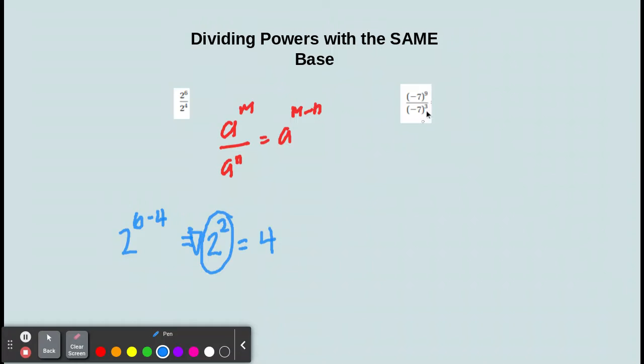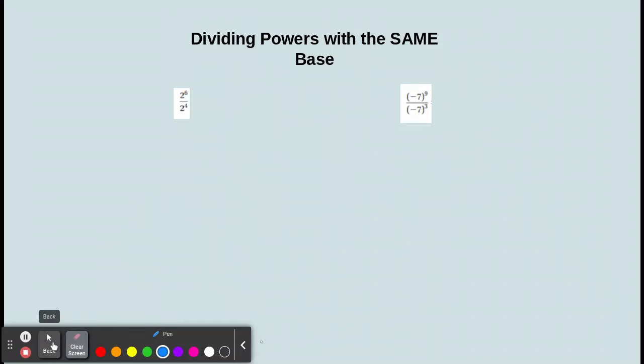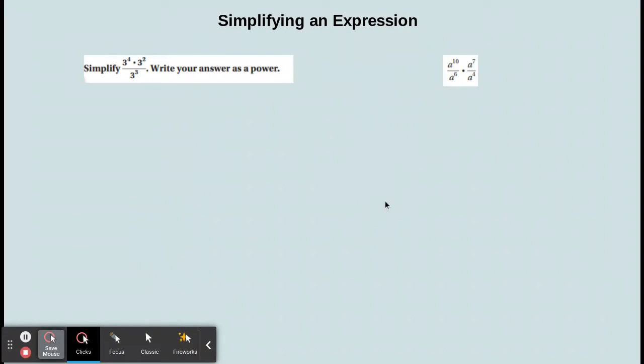Okay, on this one, same thing. We're going to subtract our powers. Our base is -7. 9 minus 3 equals 6. So this is -7 to the 6th power. Pretty straightforward. Okay, now we're going to simplify expressions using our knowledge of the quotient of powers property.